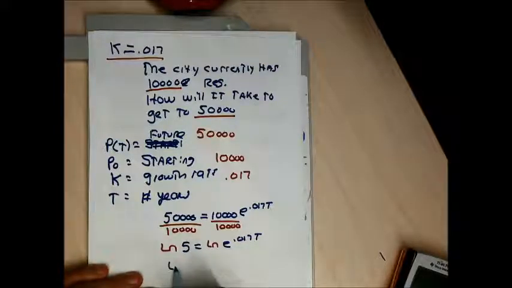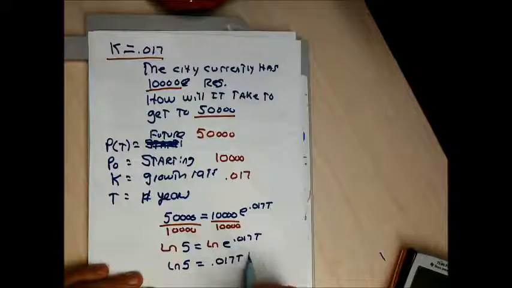The left-hand side is going to become the natural log of 5. The right-hand side I'm going to rewrite as 0.017t times the natural log of e. The natural log of e is equal to 1, so I can just drop it and get the natural log of 5 equals 0.017t. And then I'm going to divide both sides by 0.017.